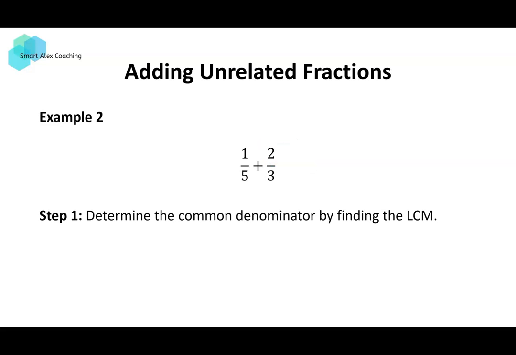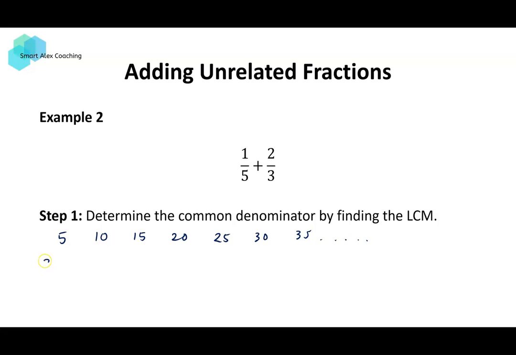Looking at another example, we now have 1/5 plus 2/3. Step 1, we need to determine the common denominator by finding the LCM. Looking at the multiples of 5, we've got 5, 10, 15, 20, 25, 30, 35. This keeps going.